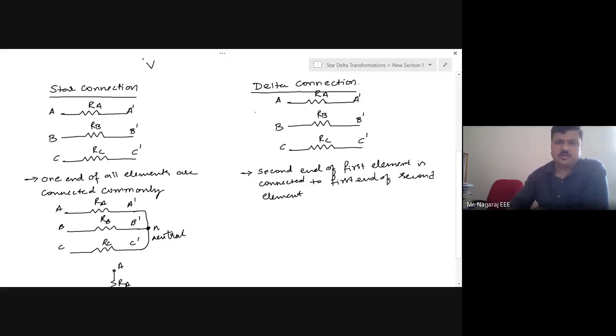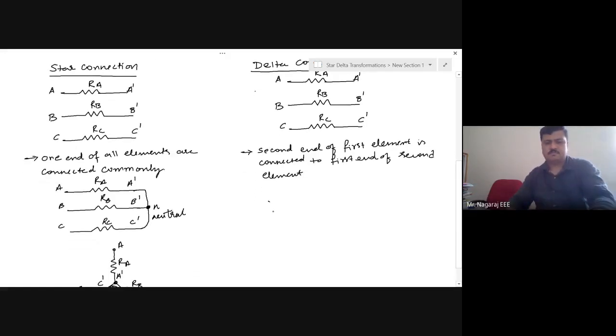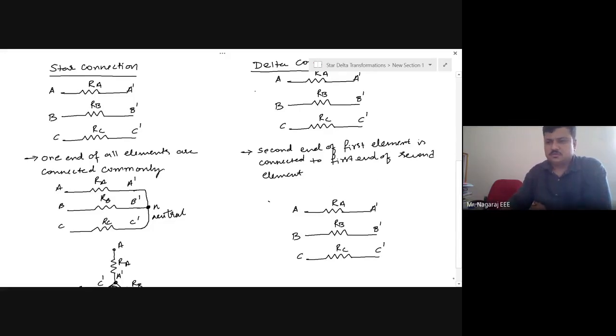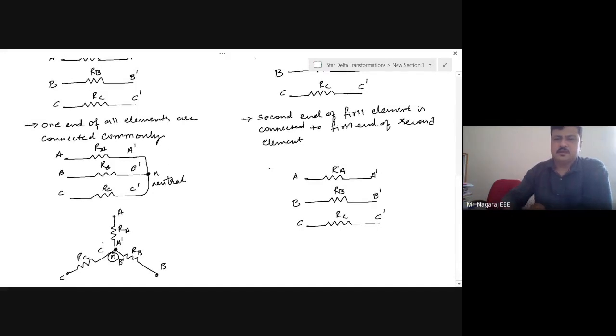The second end of the third element is connected to the first end of the first element. So I have these three resistors, and I connect the second end of the first element to the first end of the second element, the second end of the second element to the first end of the third element, and the second end of the third element to the first end of the first element.